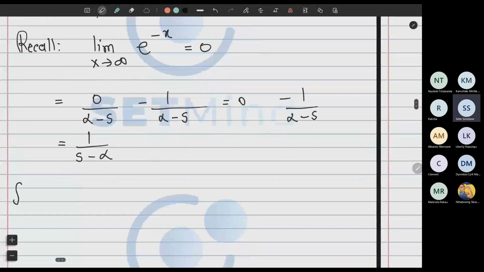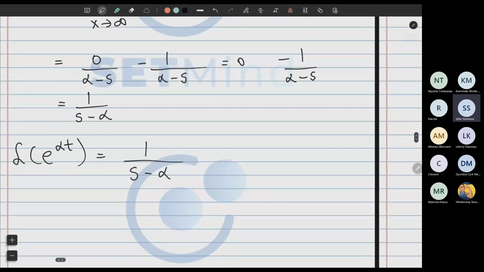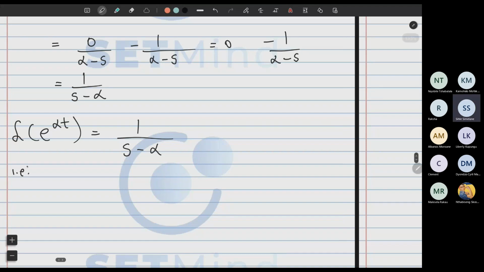So the Laplace transform of e to the alpha t is 1 over s minus alpha. So if you find yourself needing the Laplace transform of e to the 4t, your answer is simply 1 over s minus 4.